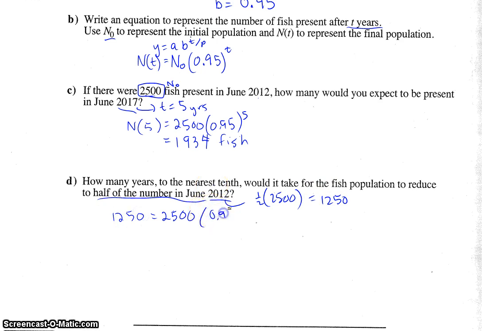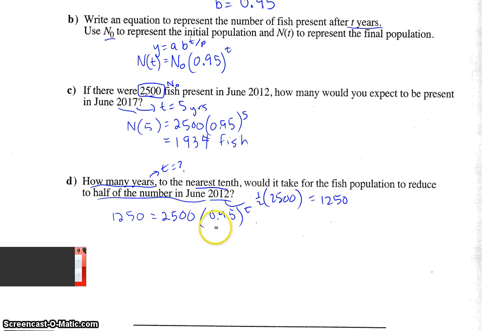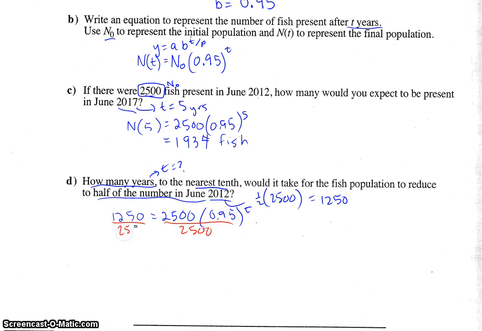Okay, our base is still 0.95, and we're still to an exponent of t, and that's what we're looking for. It says how many years, so t is a question mark to the nearest tenth. All right, so we need to solve this. First thing you want to do is isolate that power, so we're going to divide both sides by 2,500. That gets rid of that, and that'll give us 1/2 on the left-hand side.